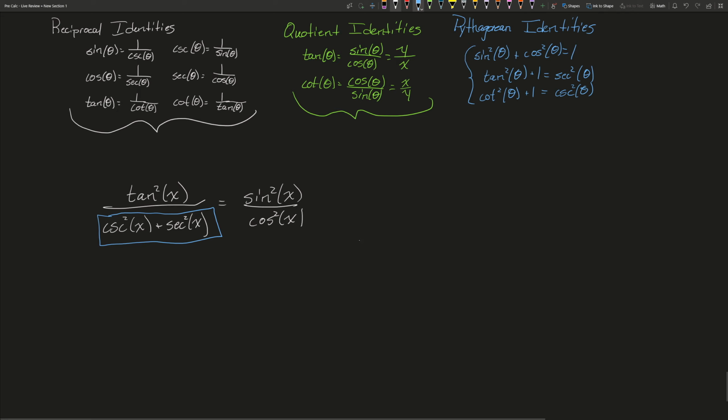So the first thing that I'm going to do is to change this to tan squared of x times 1 over cosecant squared of x plus secant squared of x.